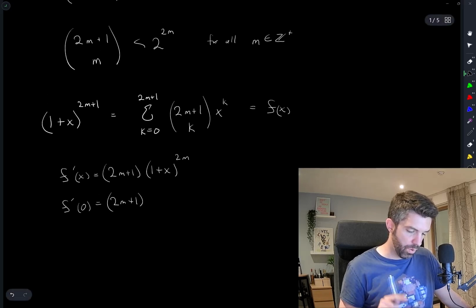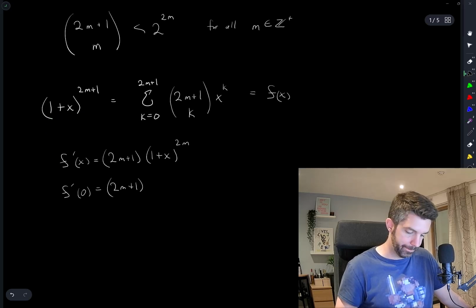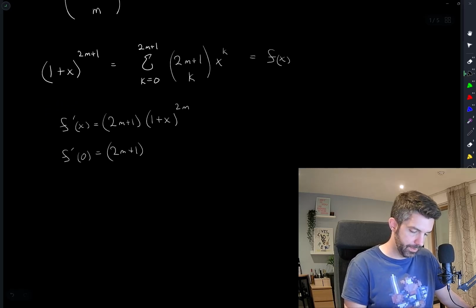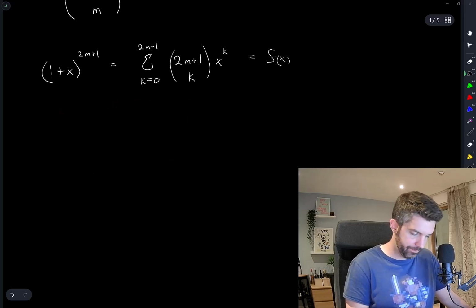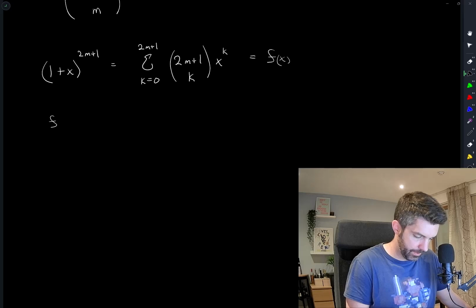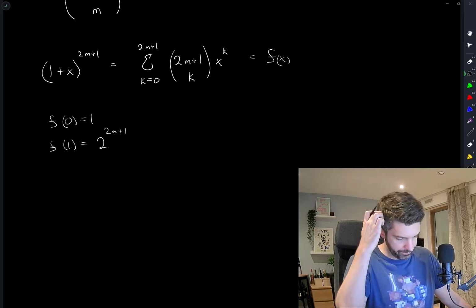And f'(1) might also be important, or maybe just f(1), because we're looking for where I'm going to get my power of 2 from. It looks like maybe by substituting x equals 1. So let's erase this for now. f(0) is equal to 1, and f(1) is equal to 2^(2m+1).